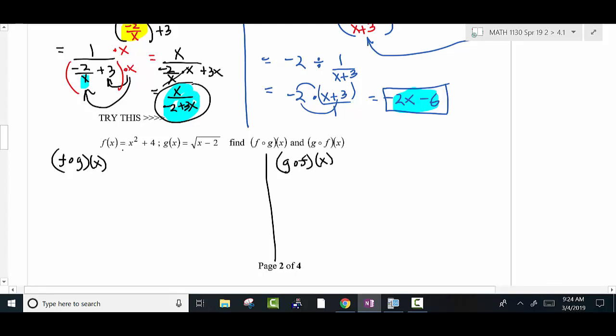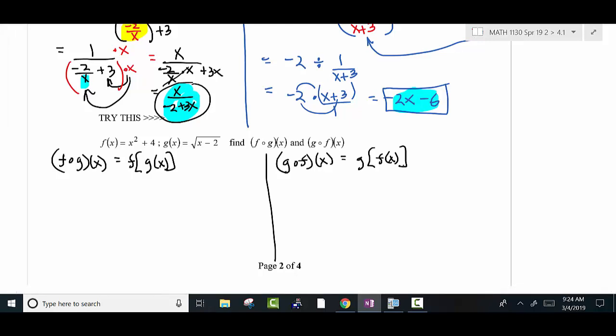Remember, you write the first function down and plug the second function into the first function. So you'll get something different on these two functions.